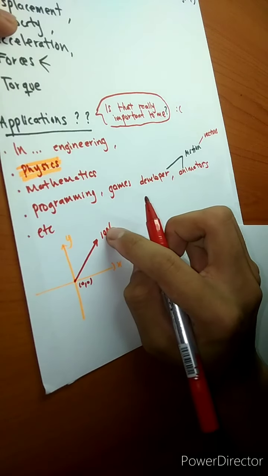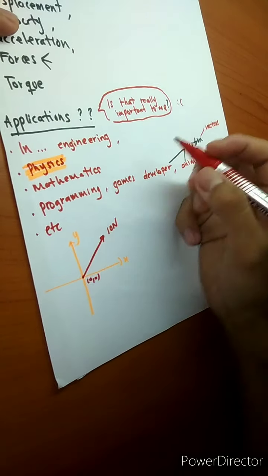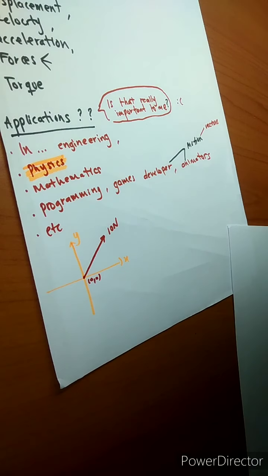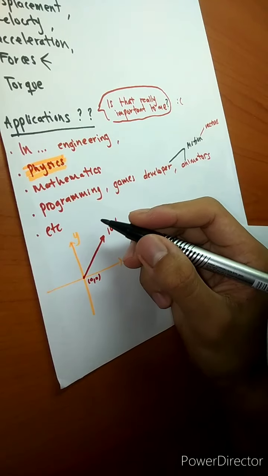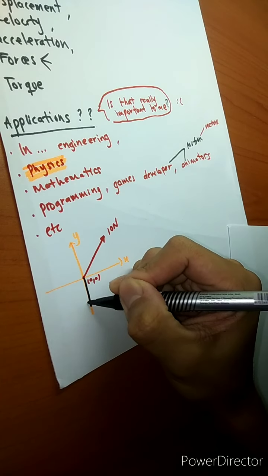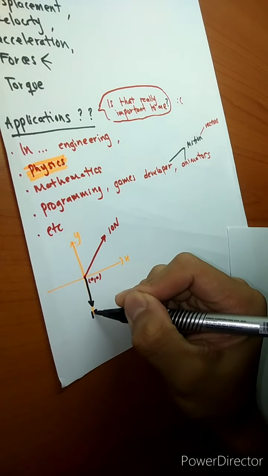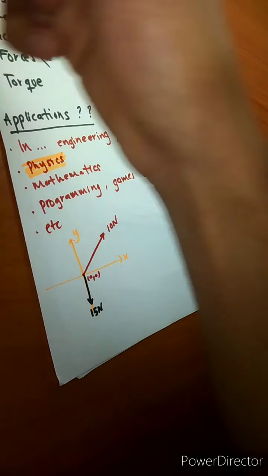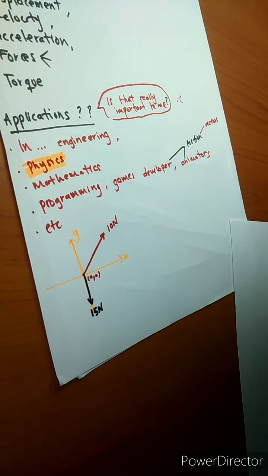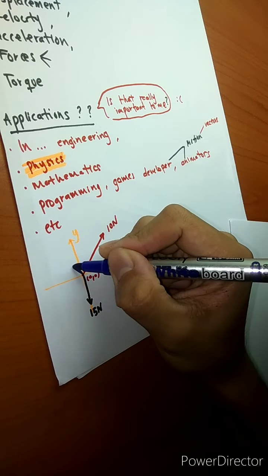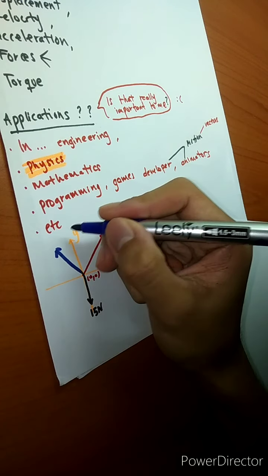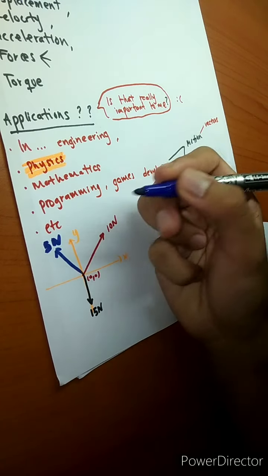The 10 Newton is what we call the magnitude. Next, there is 15 Newton to the bottom. This is the direction, and this is the magnitude. We also have a third force vector, probably 5 Newton, the smallest among all.